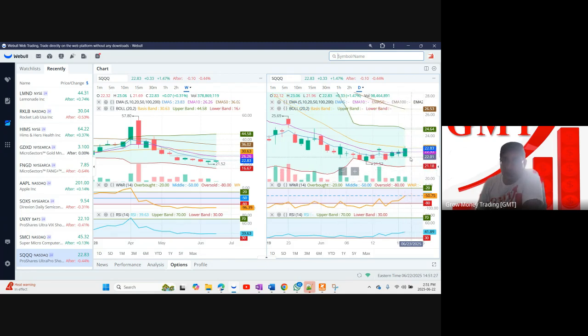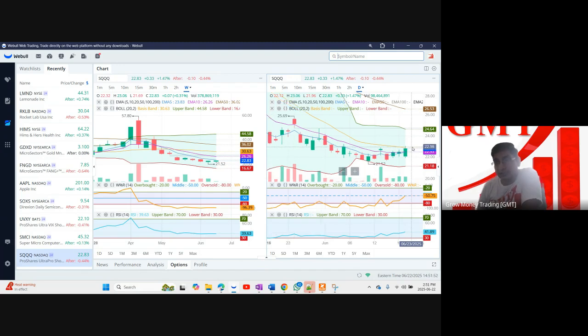There's a green bullish engulfing candle. The Williams R and RSI has turned up, and the volume is also green, indicating there are more buyers for SQQ. And in the last session, it has taken resistance at the mid Bollinger Band.